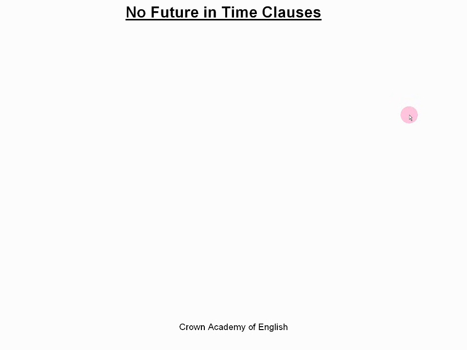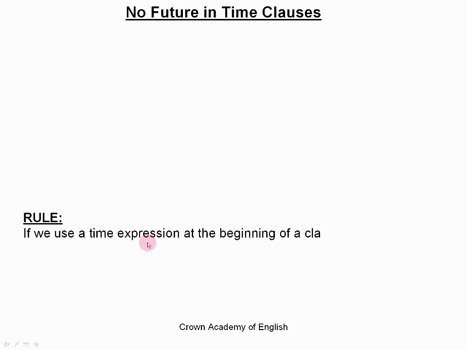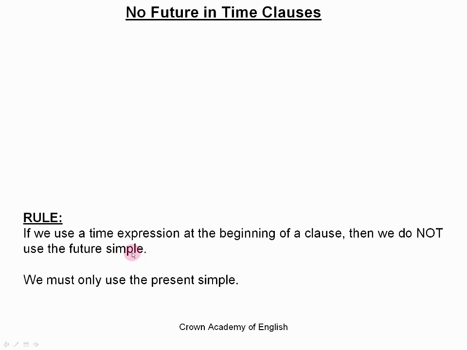And finally, there is an important rule. If we use a time expression at the beginning of a clause, then we do not use the future simple. We must only use the present simple. Let me give you an example to explain.